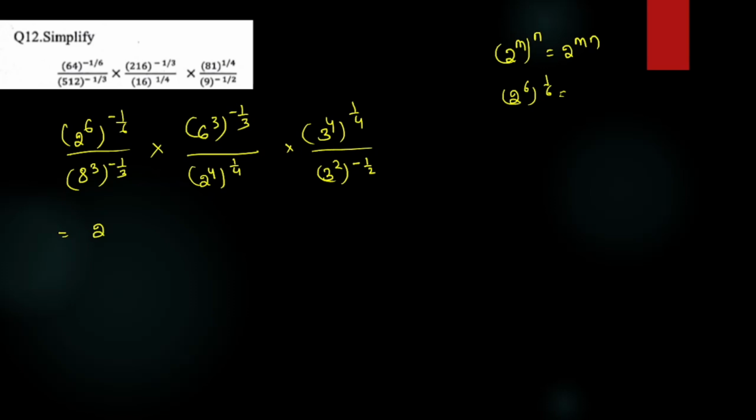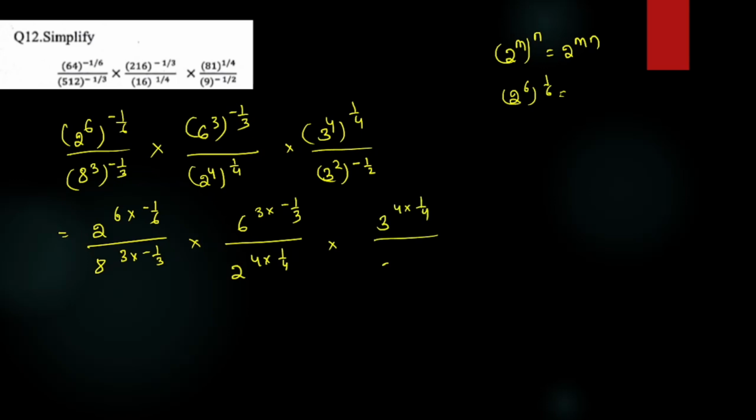So we can write 2 into 6 into minus 1 by 6 divided by 8 to the power 3 into minus 1 by 3. Now 6 to the power 3 into minus 1 by 3 divided by 2 to the power 4 into 1 by 4. Multiply 3 into 4 into 1 by 4 divided by 3 to the power 2 into minus 1 by 2.